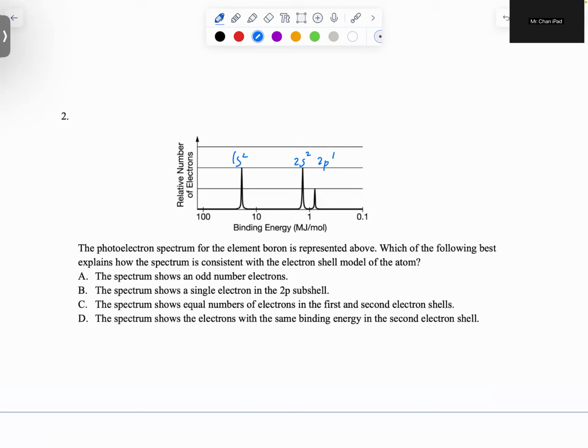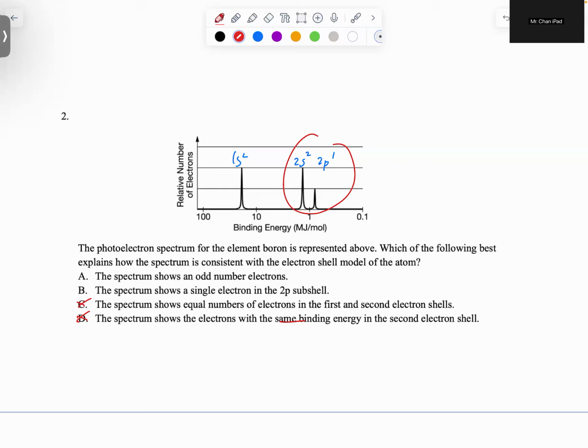Looks pretty good. C, the spectrum shows an equal number of electrons in the first and second electron shell. That's not good. And D, the spectrum shows electrons with the same binding energy in the second shell. Well, not the same. They're different. So now, which of the following best explains how the spectrum is consistent with the electron shell model of the atom?